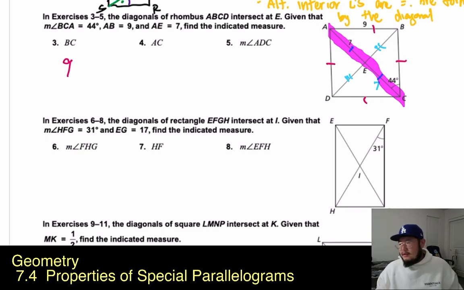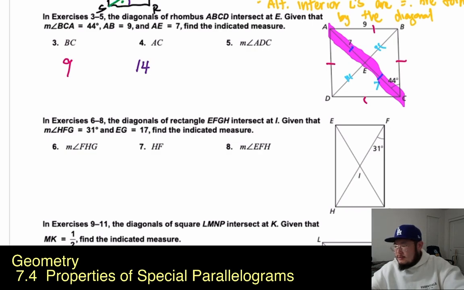And then let's take a look at number 5, the measure of angle ADC. Now remember, in a rhombus, we should realize that the diagonals bisect each other. Let me go ahead and delete that.